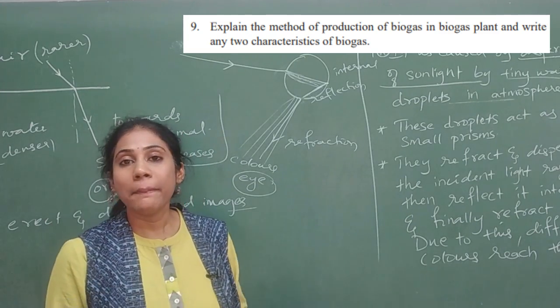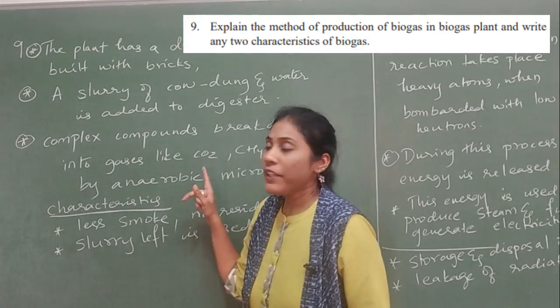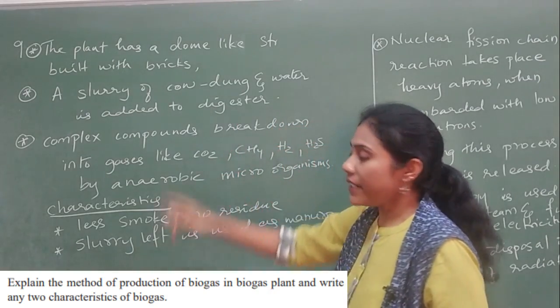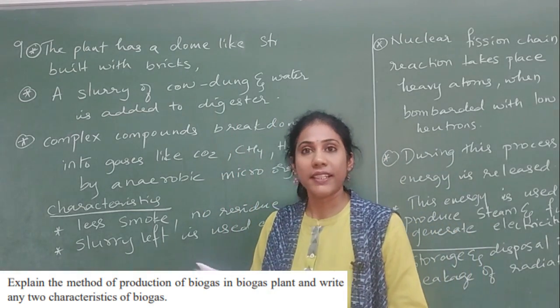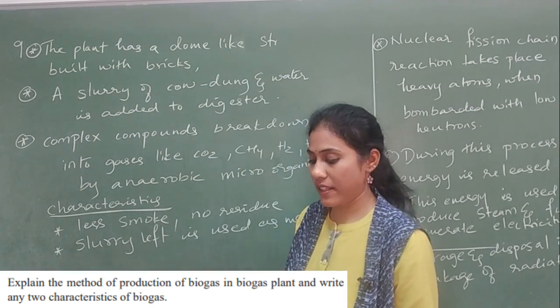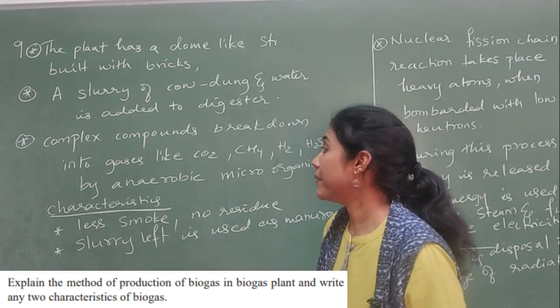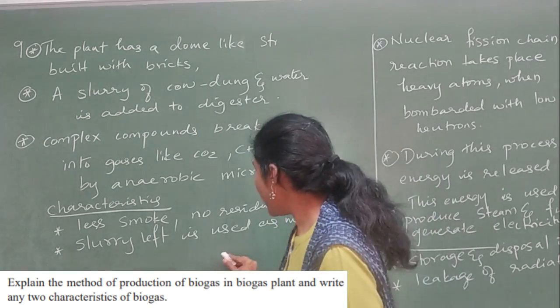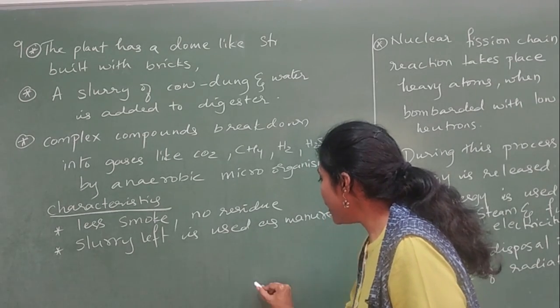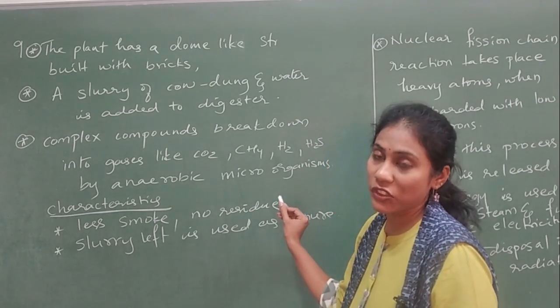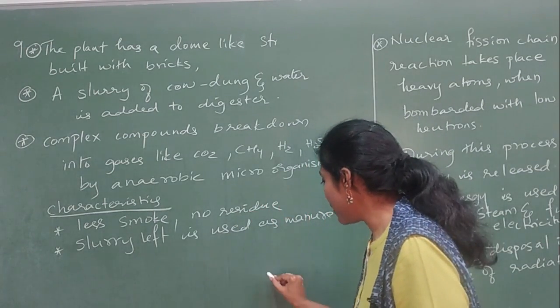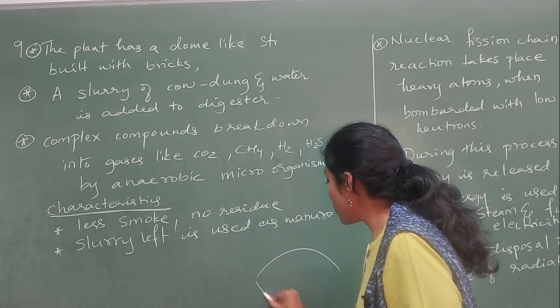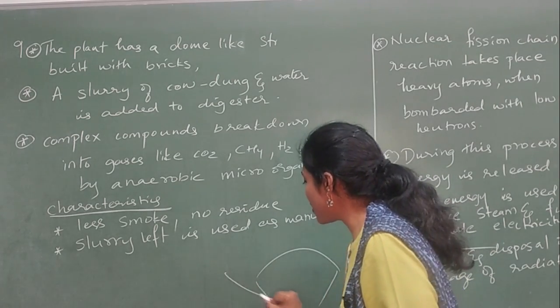Let me mention the points on the board now. You can follow these simple points for this 9th question, the production of biogas in a biogas plant. You must have observed a diagram, right? A dome-like structure constructed with bricks. You have something called digesters.